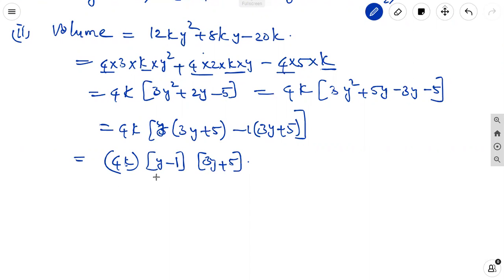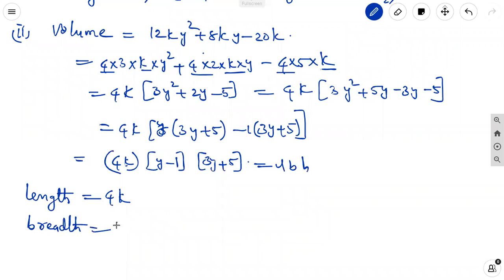That is nothing but LBH, so we can take one of the factors, length equal to 4k. You can take any one of the factors, no bother about the values. One is length, one is breadth, one is height. So this is the procedure.